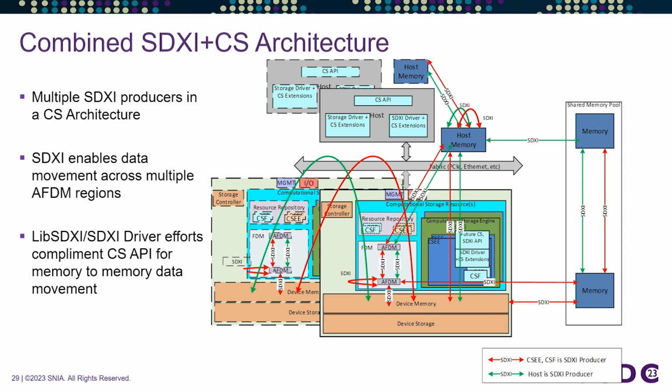We've expanded on that, added in a couple of hosts up at the top. We've added in some shared memory over on the right-hand side. And we've drawn in red and green arrows to represent where SDXI could play a role in data movement, who would invoke that SDXI operation, and what could be done with that operation as well.